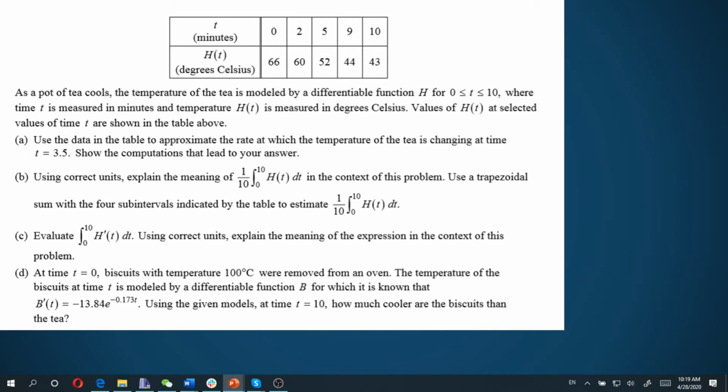Okay. Now I've got the integral from 0 to 10 of h prime of t. What would the meaning be?